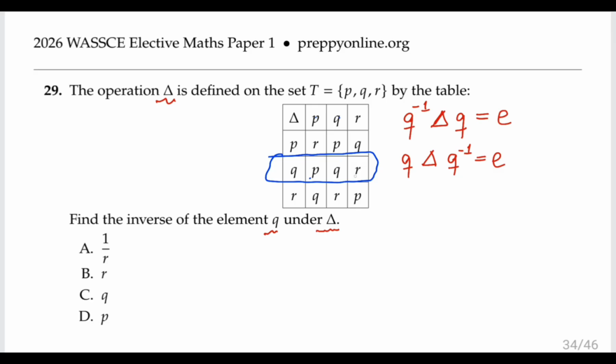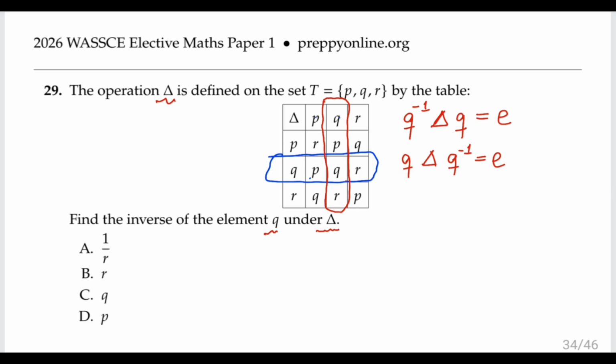And then when you look at it the other way, you have this column. Here too, you see that P delta Q is P. So P wasn't changed. We have Q delta Q is also Q. So Q wasn't changed, and R delta Q is R. So R wasn't changed.